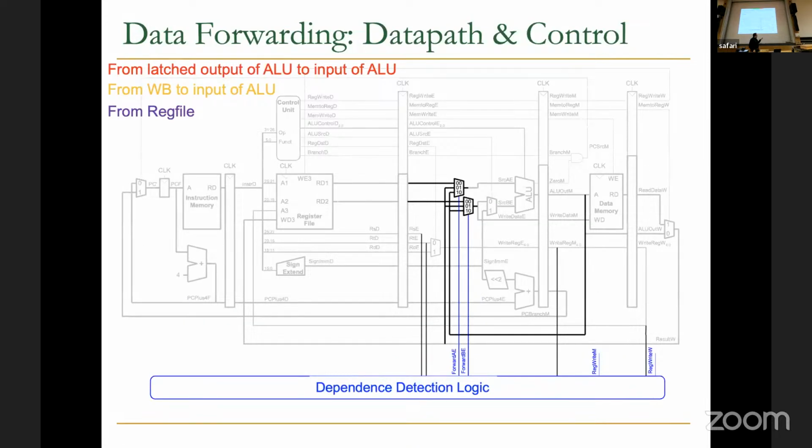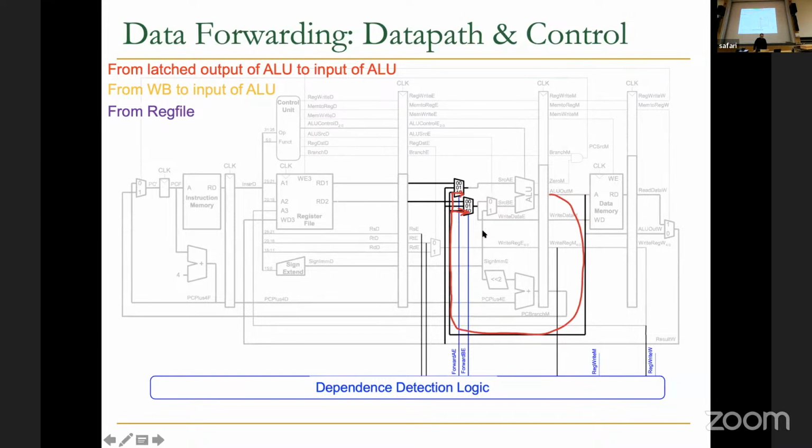Here you can also see these forwarding paths pictorially. One of them is from the latched output of ALU to the input of ALU. You can see this forwarding path. You need to add multiplexers, or increase the number of inputs of multiplexers, because the inputs of the ALU can come from the forwarding path.